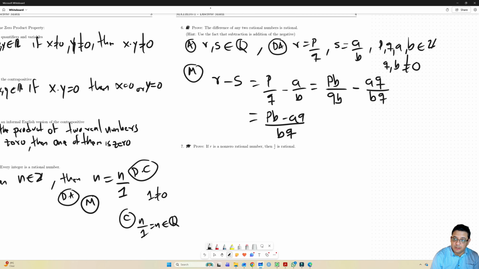Notice that because q and b are different from 0, bq is going to be different from 0 because of the zero product property.